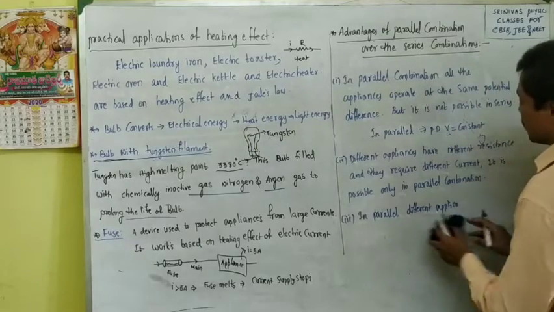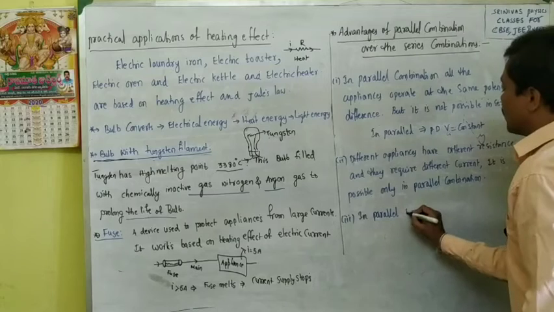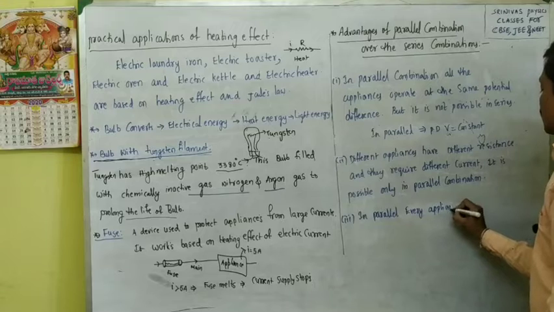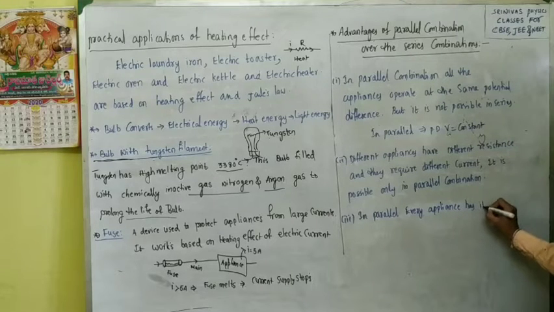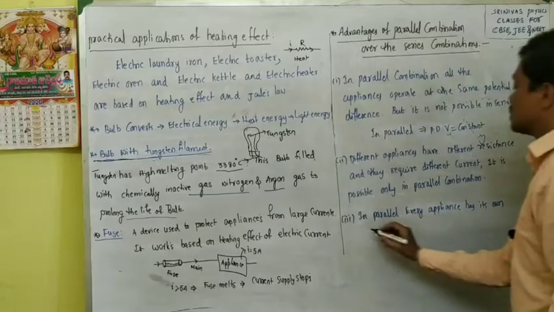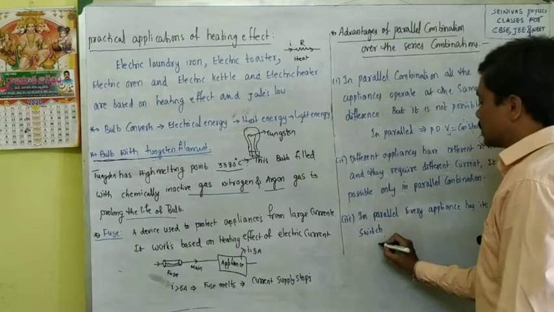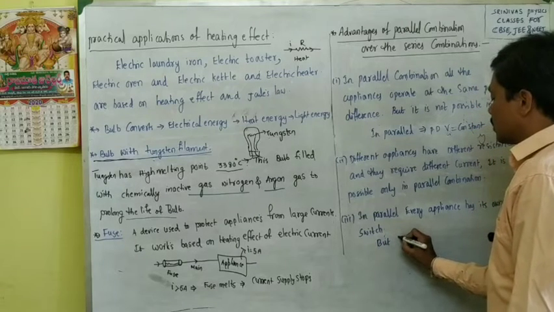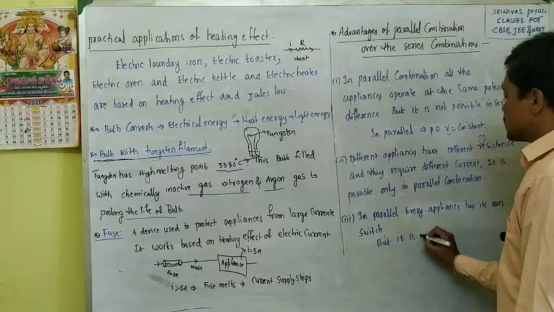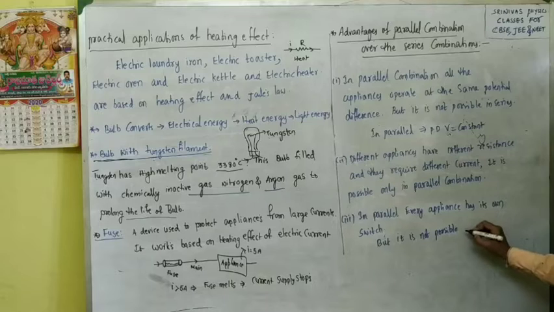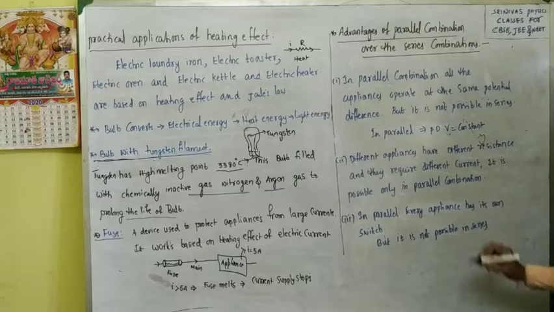In parallel combination, every appliance has its own switch, but it is not possible in series. In series all the appliances have only one switch. In parallel, different appliances have different switches.